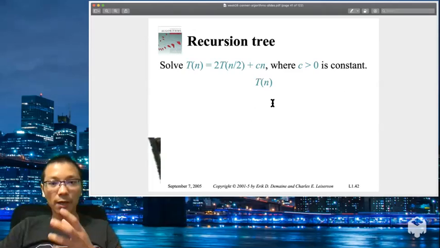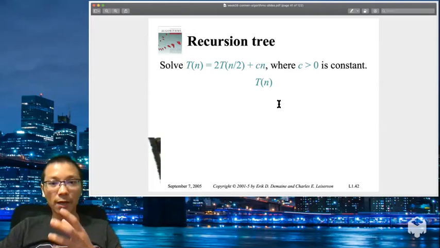And that Cn is the constant part of that calculation, the part where we break it into two arrays, and also the combining part in the end.